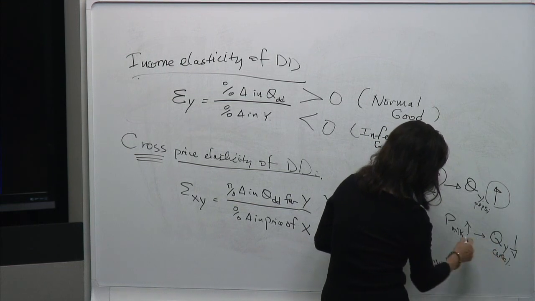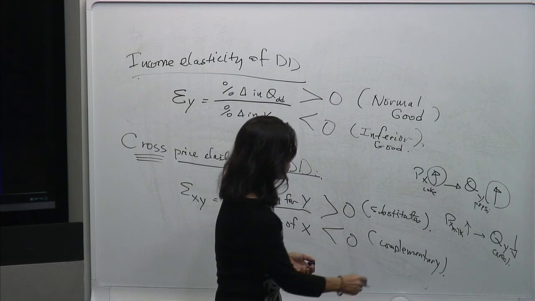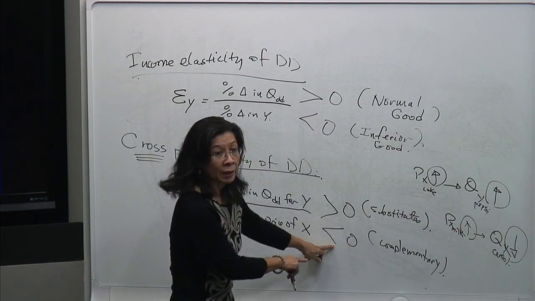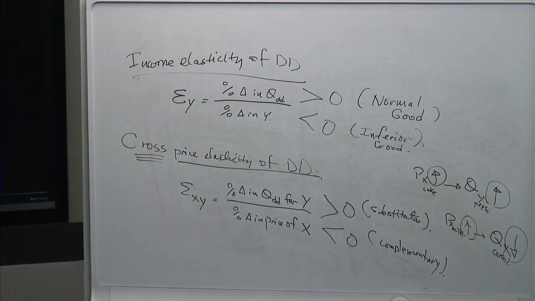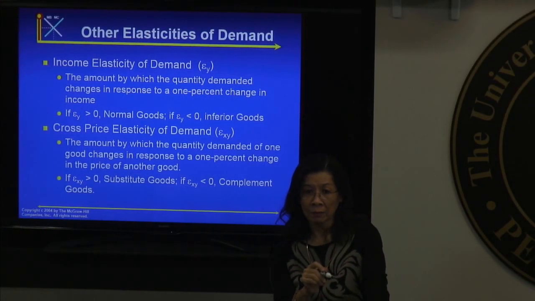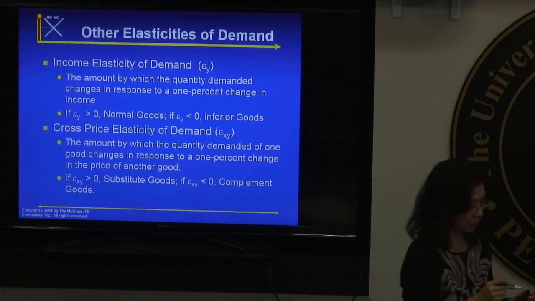So your Y is your cereal, and milk is your X. Because they move in the opposite direction, you get a negative relationship between the price of one good and the quantity demanded of the other good, of which it is a substitute or a complement.